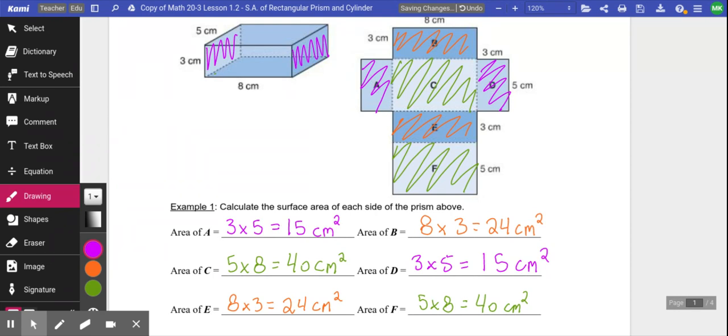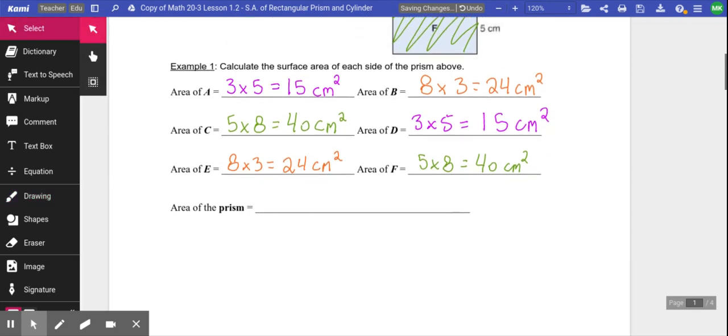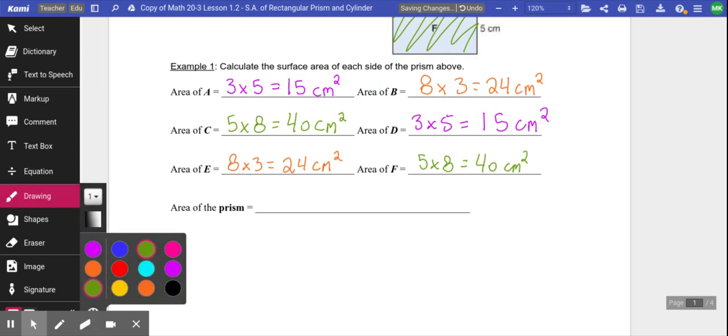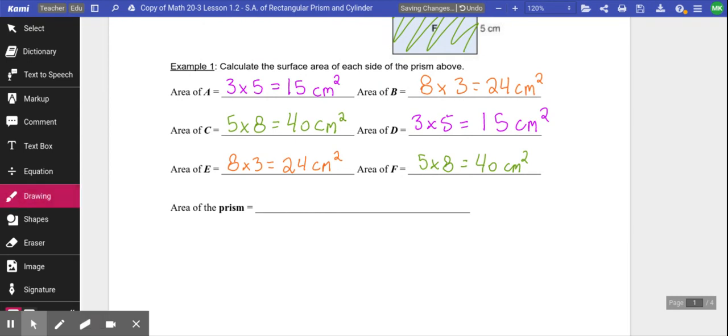Cool. Now that I've figured out how much it would take to cover all the sides, right? The top, the bottom, the front, the back, the sides. To figure out the entire shape, I just have to add all those parts together. So your last step is just going to be adding all those sides. Doesn't it come to 240 centimeters squared? I'm not sure.